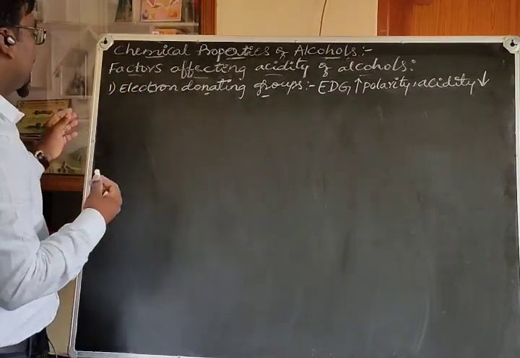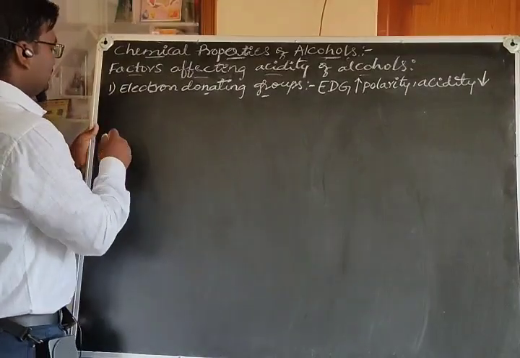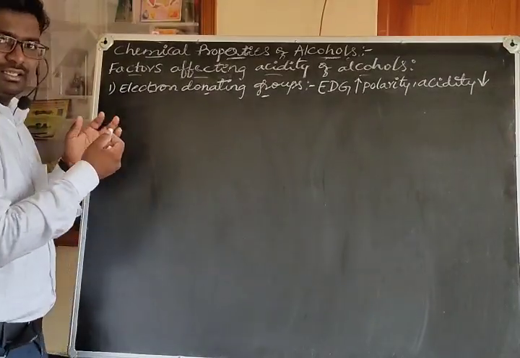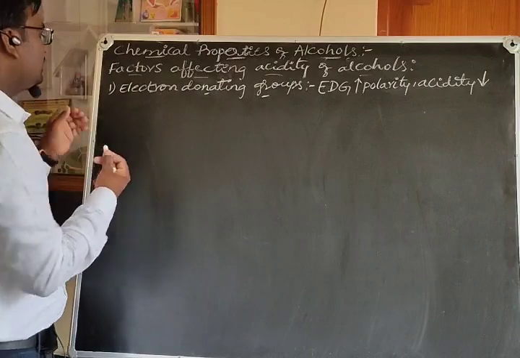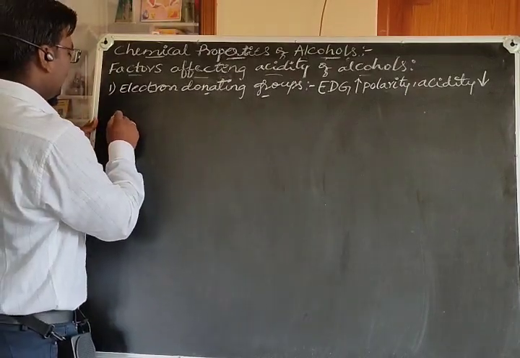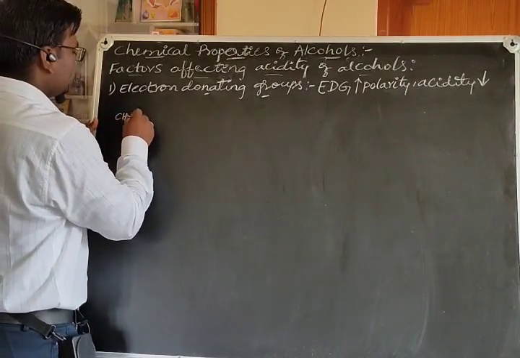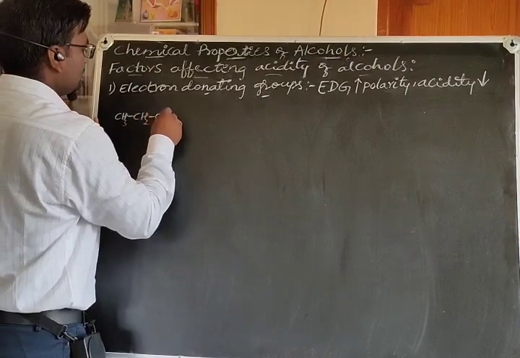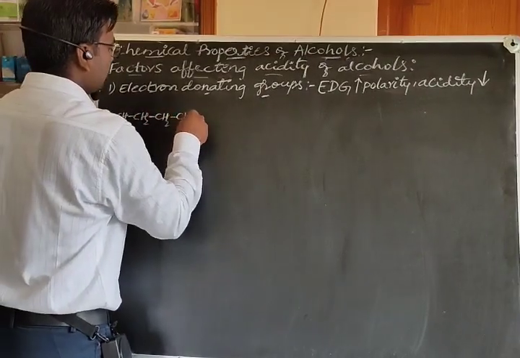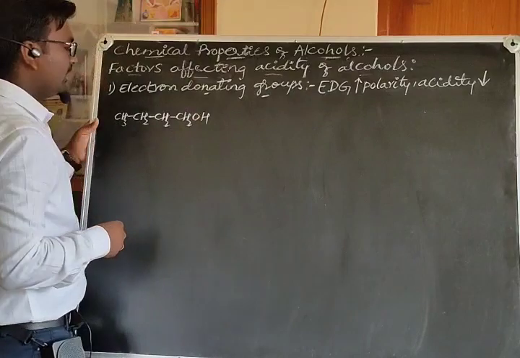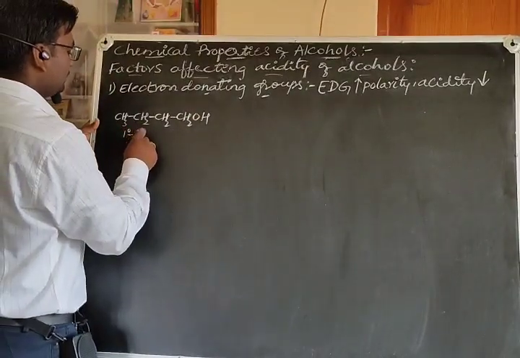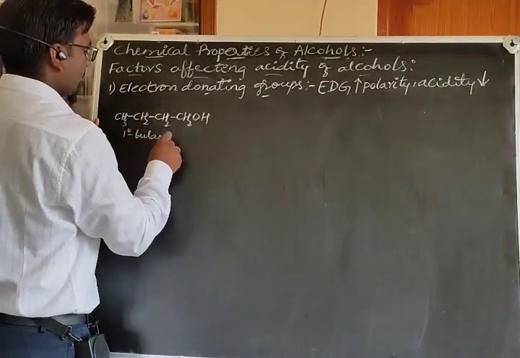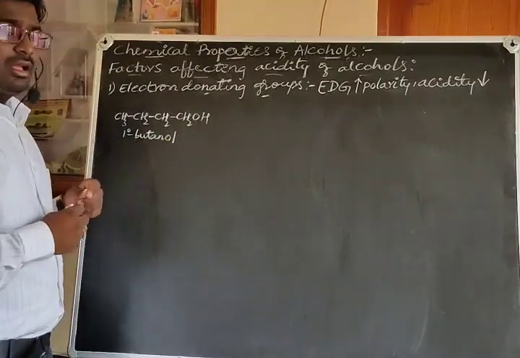Let's see how. For example, take the isomers of the alcohols. Primary butanol, CH3CH2CH2CH2OH.